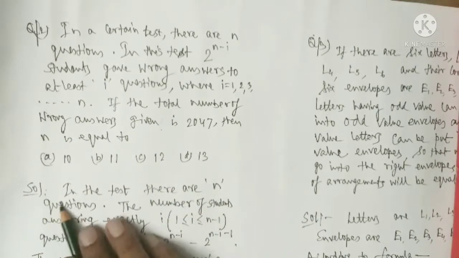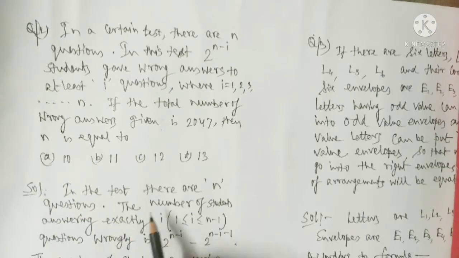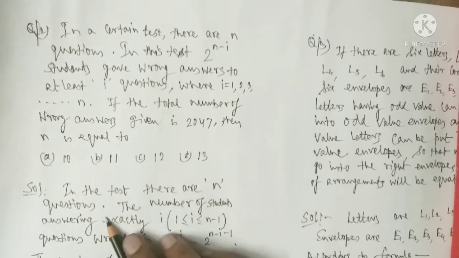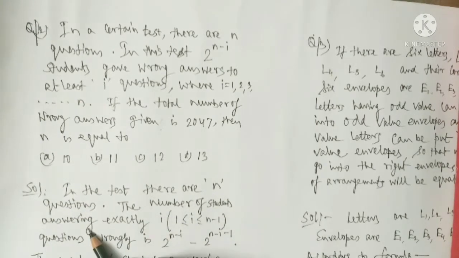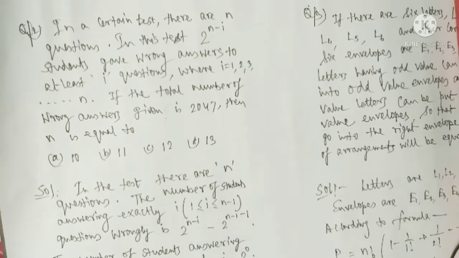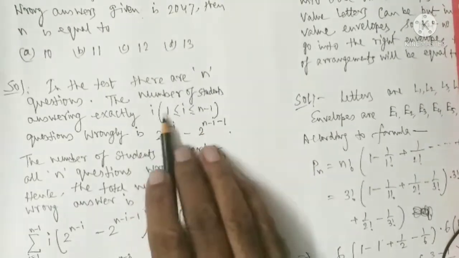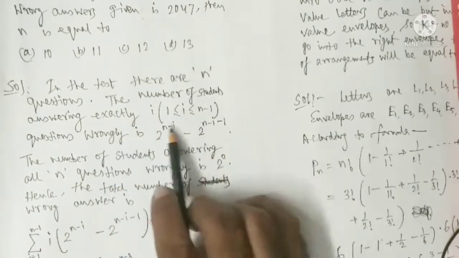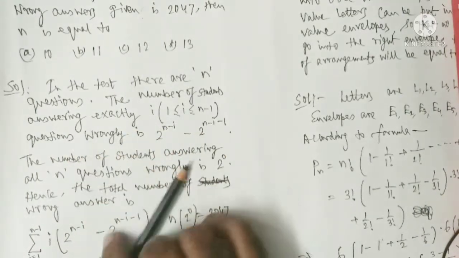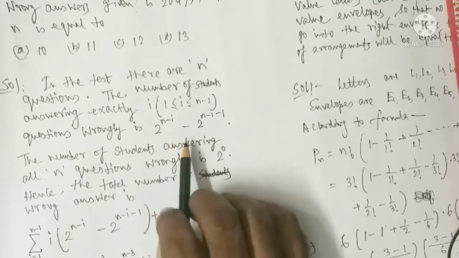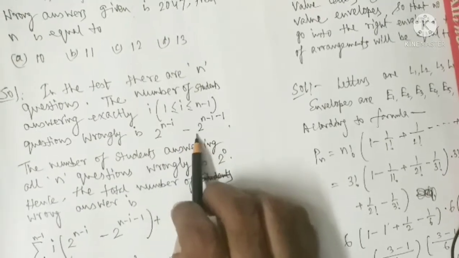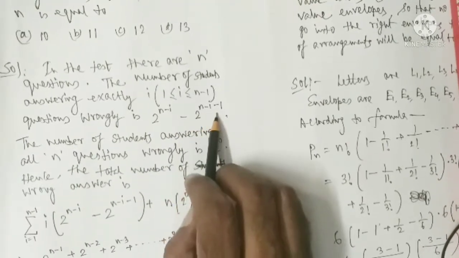The solution is in this way. In the test there are n questions. The number of students answering exactly i questions wrongly, where i is greater than or equal to 1 and less than or equal to n minus 1, is 2 to the power n minus i minus 2 to the power n minus i minus 1.